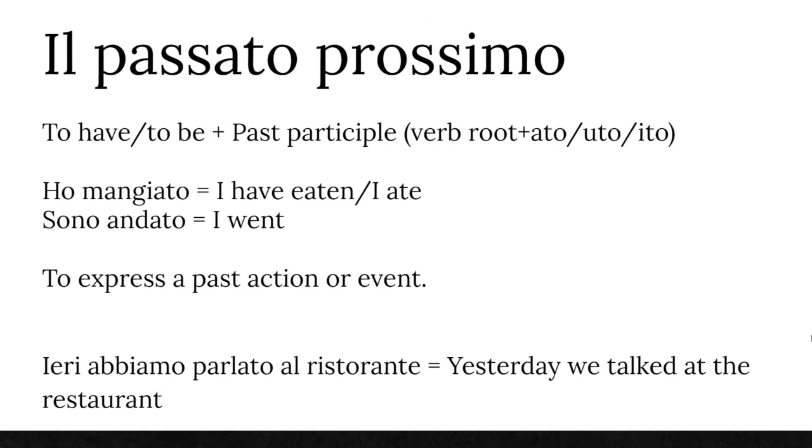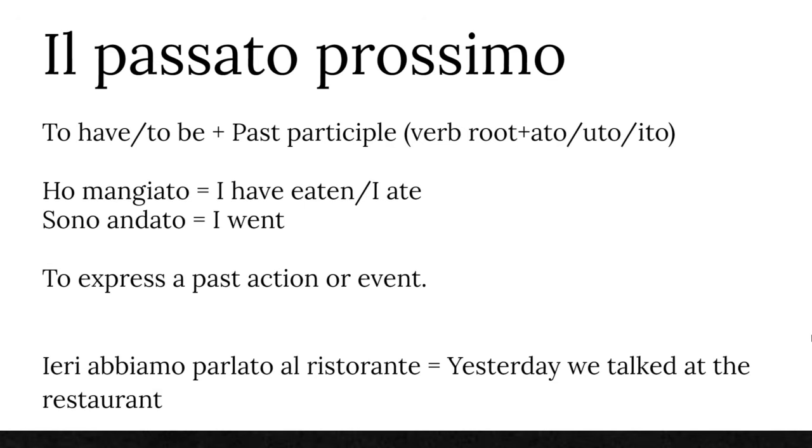I have gone or I went, sono andato. Because andare is an intransitive verb, so it needs to be and not to have. Okay? Is everything clear? I really want to remind you that now it's all theory, but seriously, we're gonna have tons of examples and you'll see that it will become pretty easy.